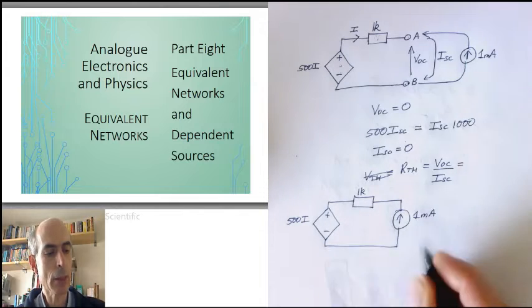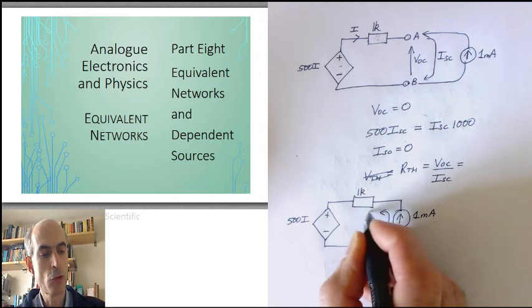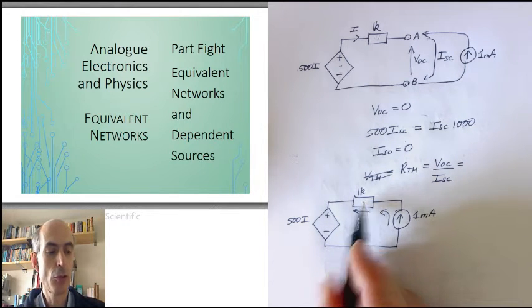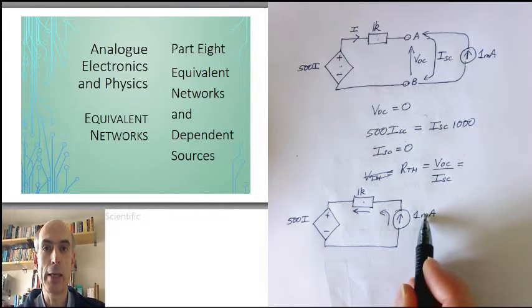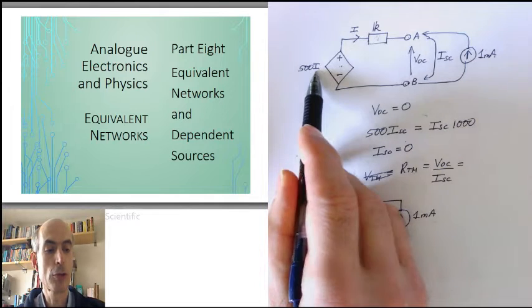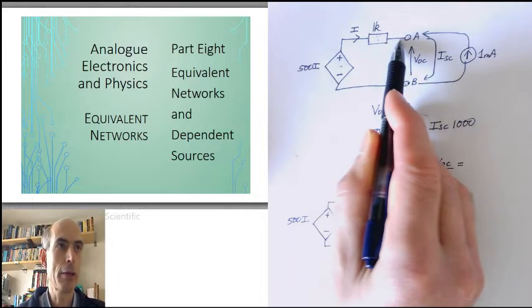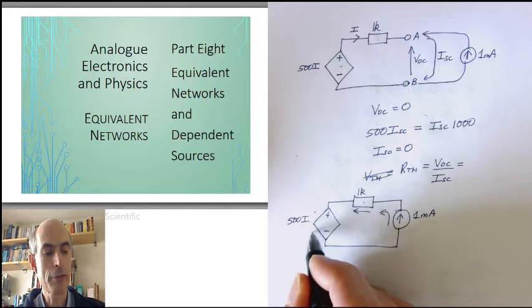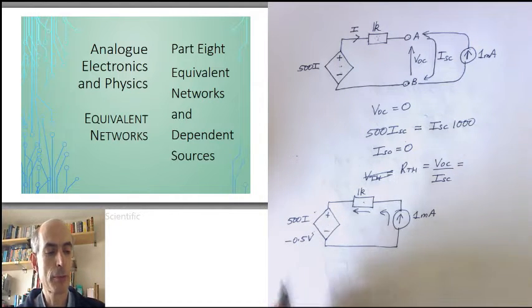Now, the way I've done this, it's 1 milliamp flowing in this direction, which is 1 milliamp flowing through the resistor in this direction, which is going to mean that the voltage here is 500 times minus 1 milliamp, because this voltage source was 500 times the current flowing from left to right through this resistor. So the voltage source here would now have a voltage across it of minus 0.5 volts, 500 times 1 milliamp.